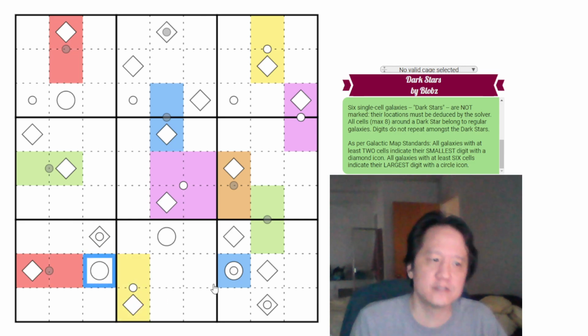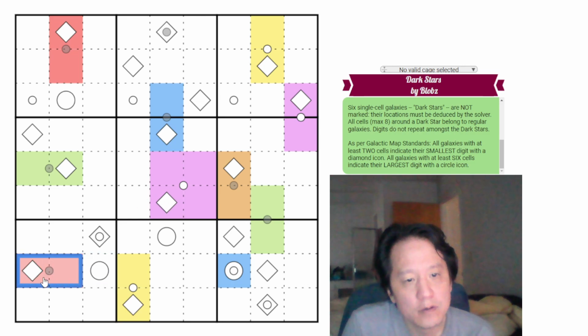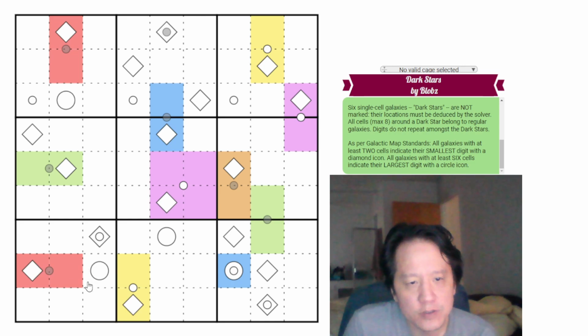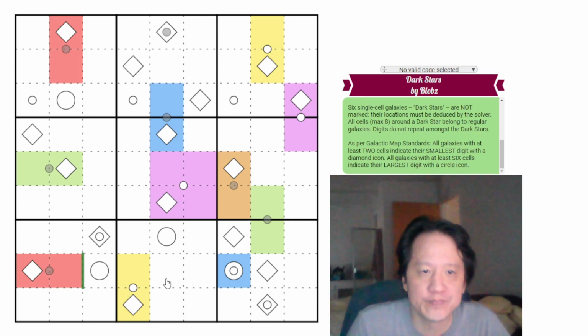This is at least six. And it cannot be the red one. So we know, yeah, because if it were the red one, it would have to go here. So this is, let's do edges. This has to be a boundary. We don't know what it is though. Same here.